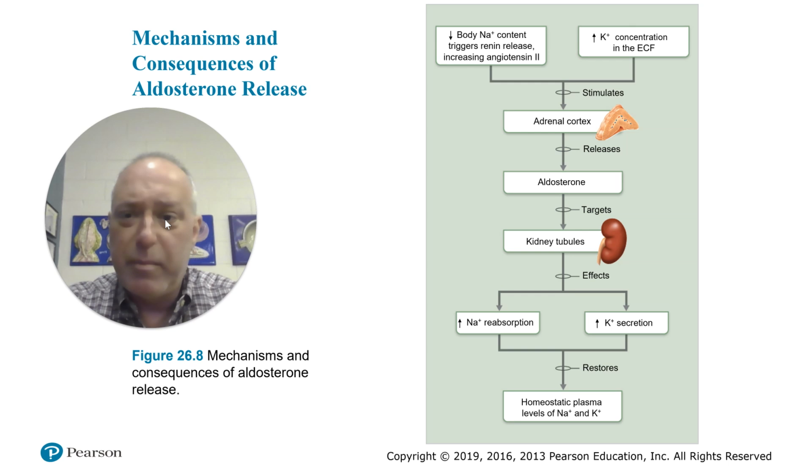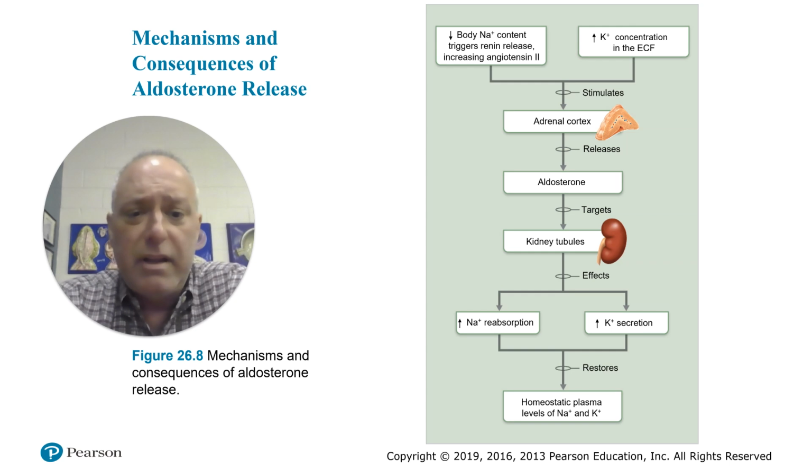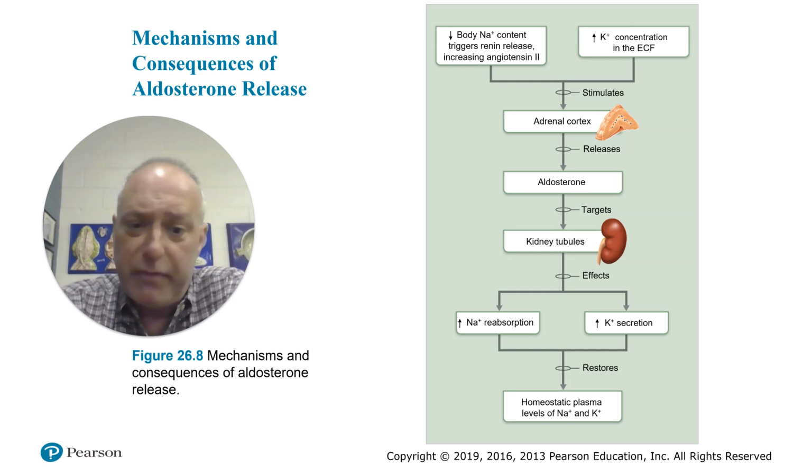So let's look at that a little bit. The mechanisms of aldosterone release. Now, aldosterone release is from the adrenal cortex. A couple different things can stimulate aldosterone release. If you remember that aldosterone leads to capture of sodium in the kidneys, or reabsorption, then you can remember that decreased sodium content will activate aldosterone to reabsorb that sodium back to homeostatic levels.